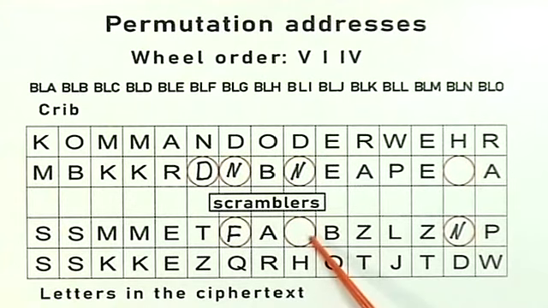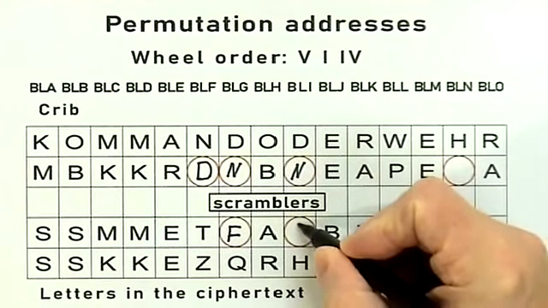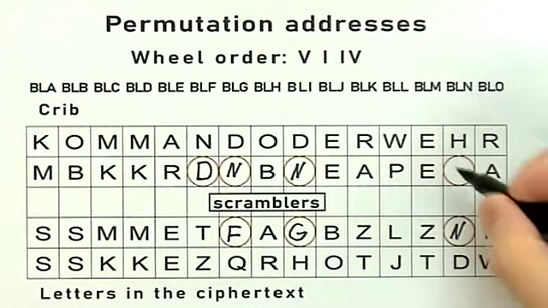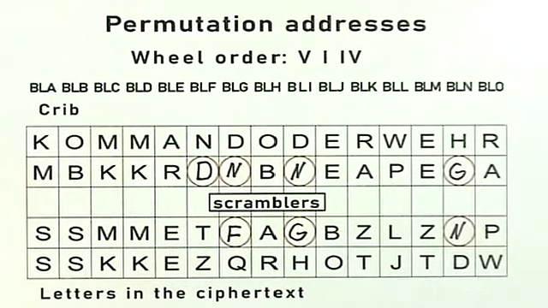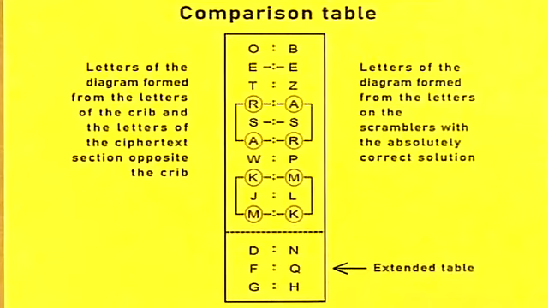In this scrambler, with the help of the checking machine, an N becomes the letter G. Thus, another staggered letter pair is determined, namely the letter pair G and H. Three more connector pairs have now been determined, namely the pairs D and N, F and Q, as well as the connector pair G and H. The Blackboard comparison table can be expanded accordingly.